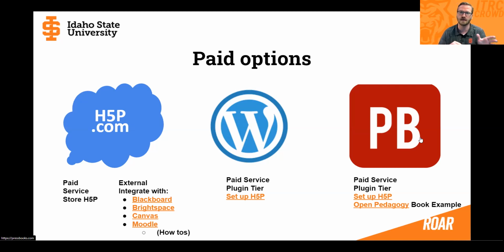So this is typically what most people do: buy a license for h5p.com, store it, and then embed it into various websites. And for integrating in a lot of the learning management tools, Blackboard, Canvas, they do have an LTI or an external tool that you can use to integrate h5p.com into the LMS.